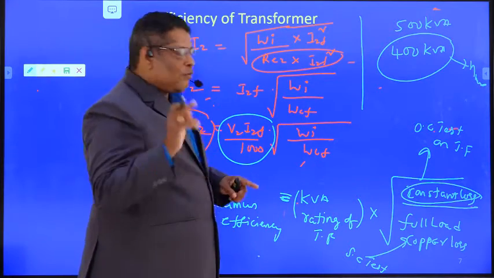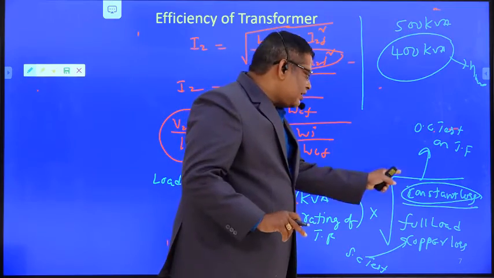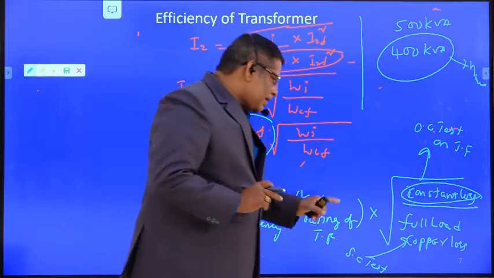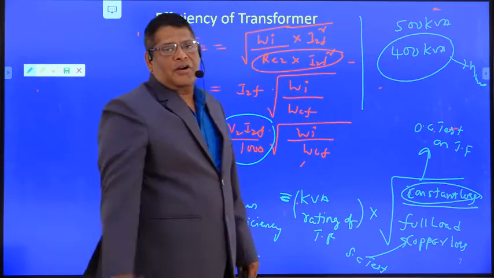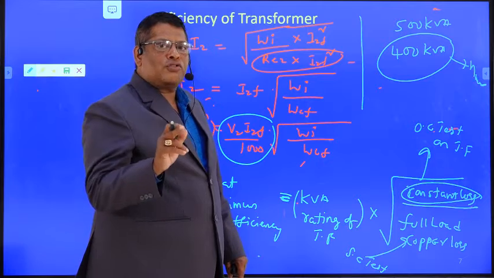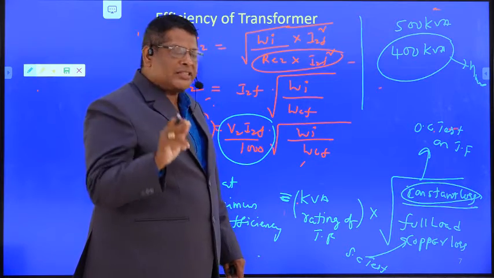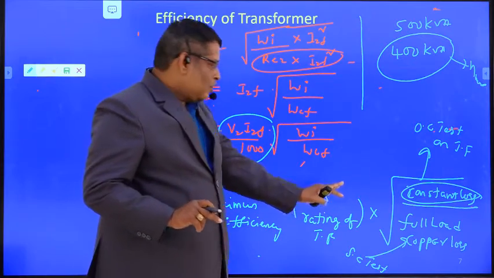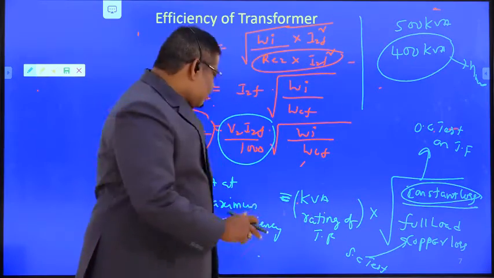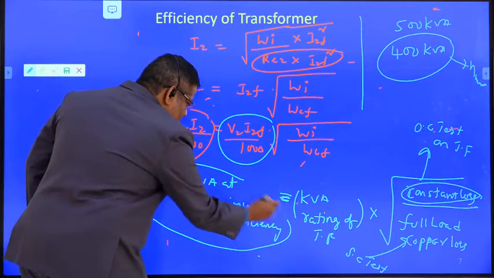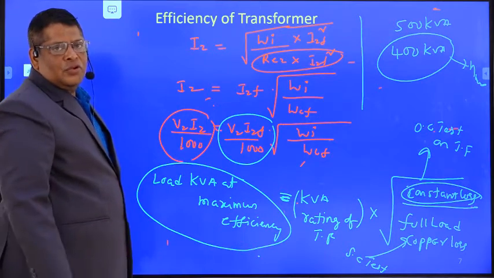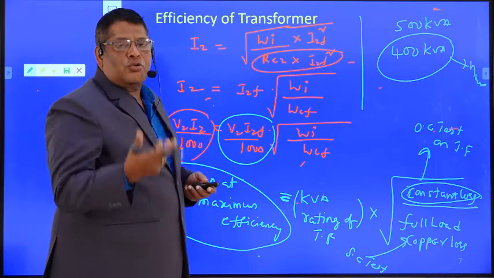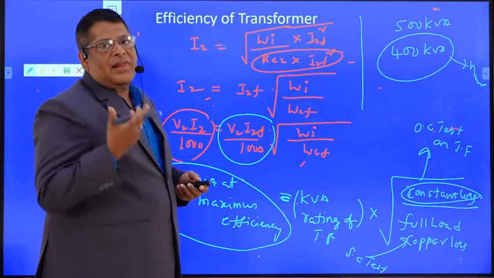In the OC test, the wattmeter reading represents the constant losses. In the SC test, if we send the full load current, the wattmeter reading represents the full load copper loss. Once we conduct those two tests on a given transformer, the kVA rating is always given by the manufacturer. We know these two quantities and this quantity, then we can find the left hand side quantity. Once you know this value for a given transformer, then we apply the load on the transformer so that we can extract the maximum efficiency of the transformer.